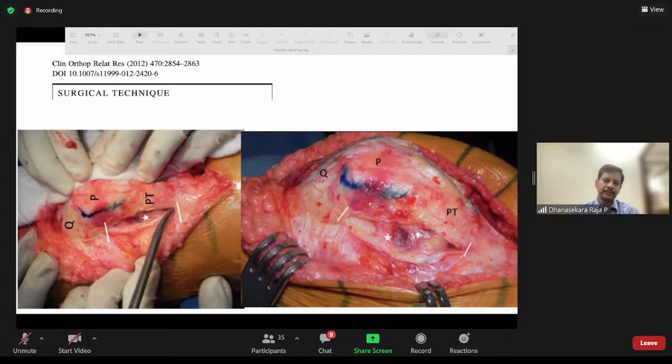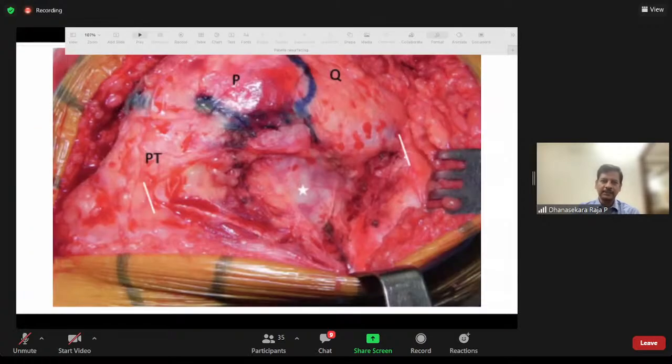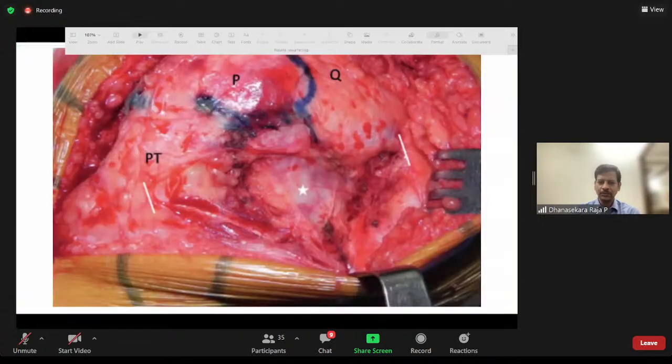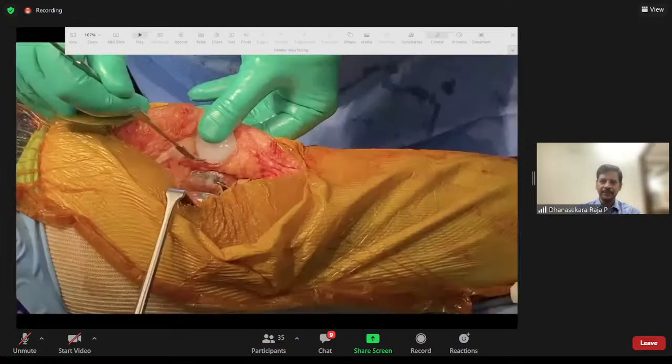For moderate maltracking, it is grade 2, up to the middle third or proximal pole of the patella. If there is a total subluxation, then we need to do a complete release to correct the maltracking, as we see in this image. The advantage is that your joint synovium is intact here, in the center star-shaped area, so the hematoma does not come out. If you do the outside-in technique, the hematoma comes out through the synovium, through the retinaculum, into the subcutaneous plane.